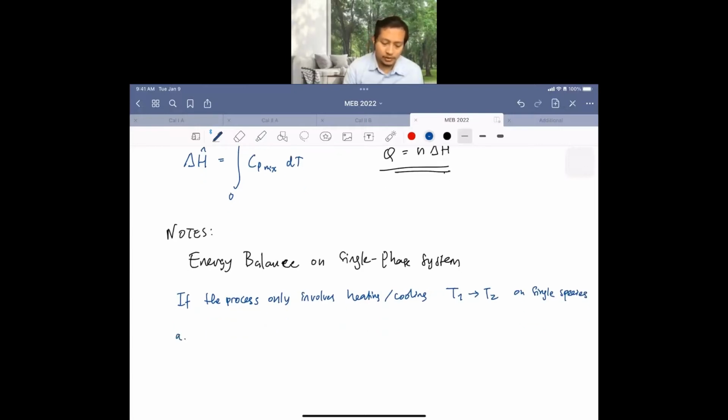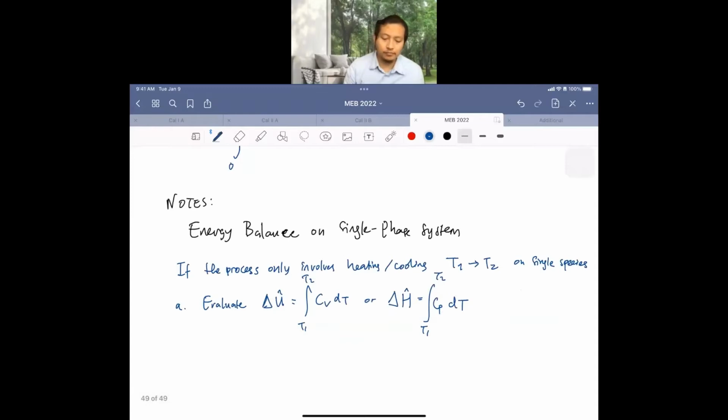Okay, so first is evaluate the internal energy, which is the integral from T1 to T2 of Cv dT, or we are going to check the enthalpy, which is the integral from T1 to T2 of Cp dT, which means we could see whether this is an open system or closed system, right?